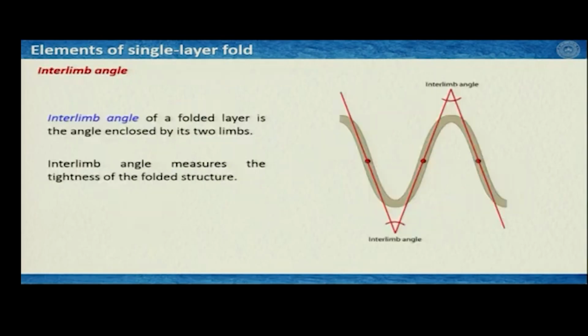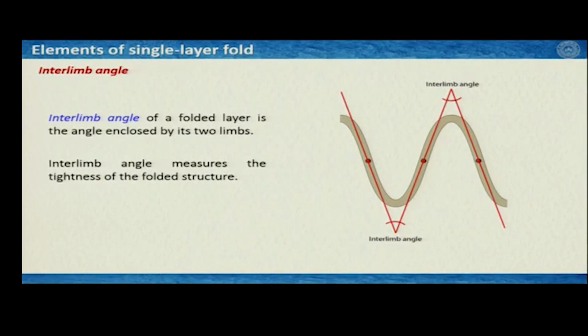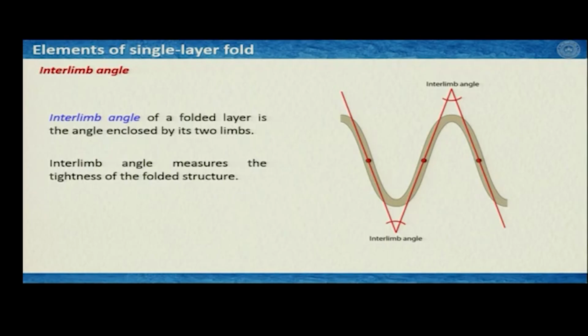We have another very important term that we are going to learn now, which is interlimb angle. The interlimb angle of a folded layer is the angle enclosed by its 2 limbs. The way it is measured is that you first figure out 2 successive inflection points.